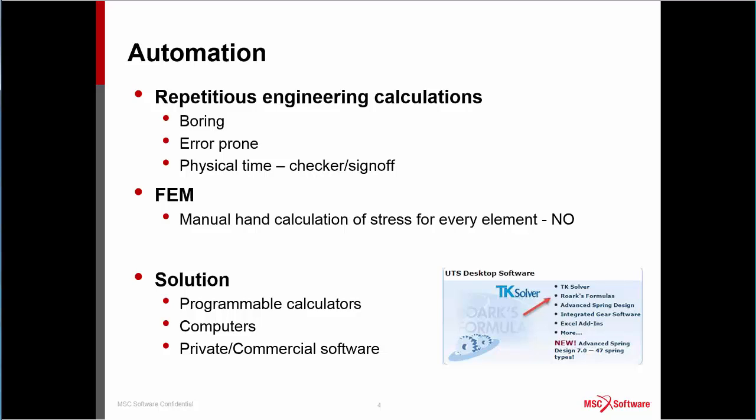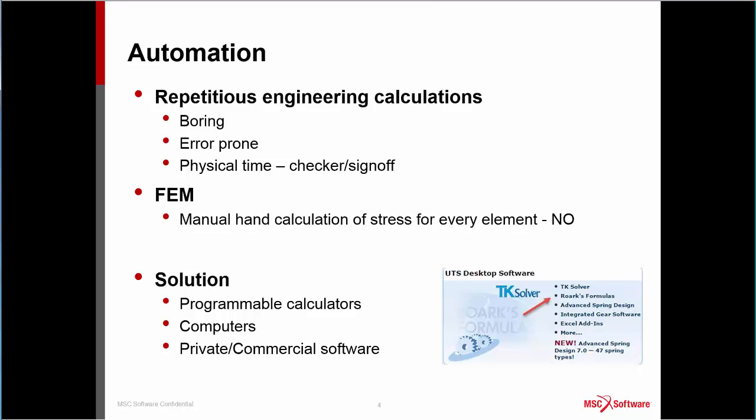Finite elements, of course, produce volumes of information, and you're not about to do a stress calculation for every element, although you would like to, because that would eliminate errors. So here's our first step in automation: someone writes a program, and I've written them, maybe a few of you have too, to run this stuff. Now we've got a process that becomes standard within the company.